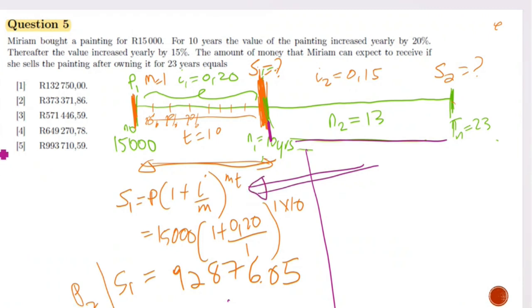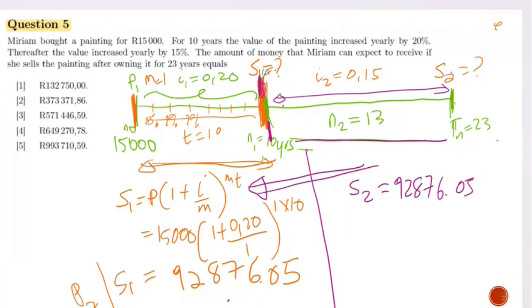Now we are looking for our S2. What is the present value for this period? The present value will be the final value of the previous period, which is 92,876.05.